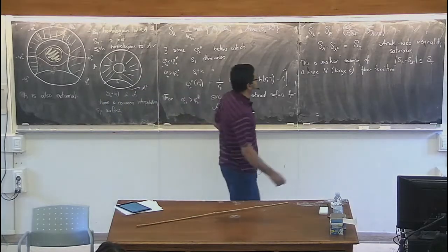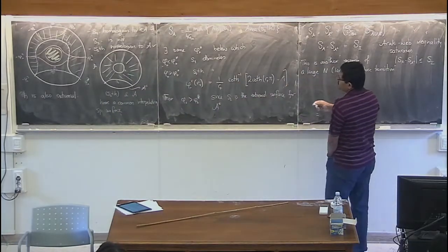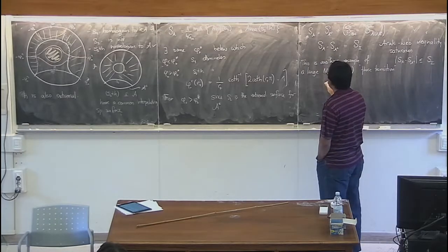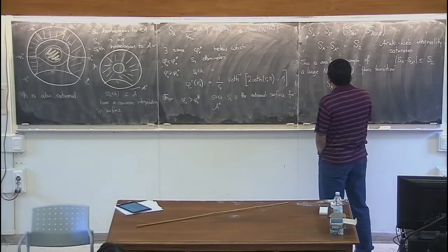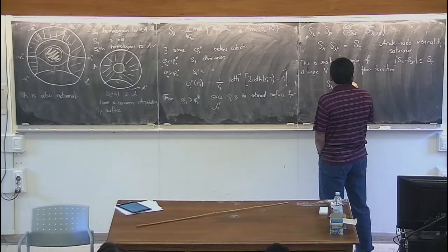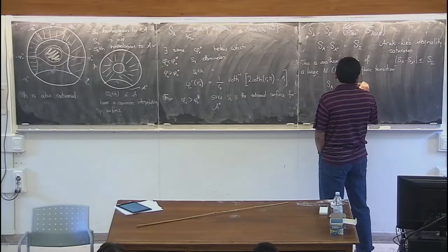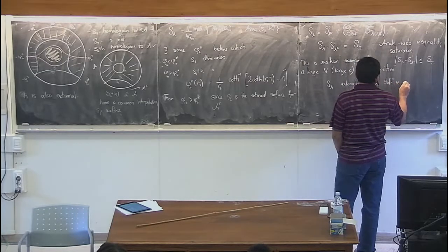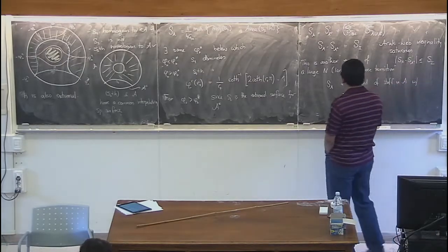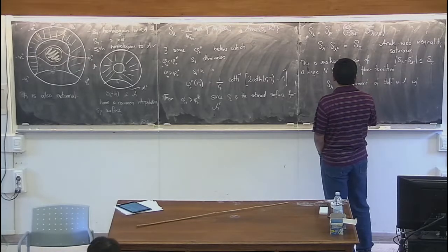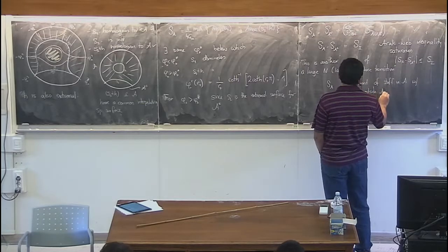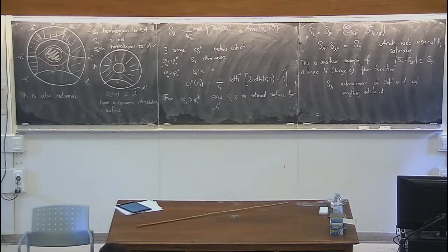There's a better way to say this, which was pointed out to us by various people, and Eric was the first to realize this, which is that SA is the entanglement of stuff in A with everything outside A. That's what entanglement entropy means.